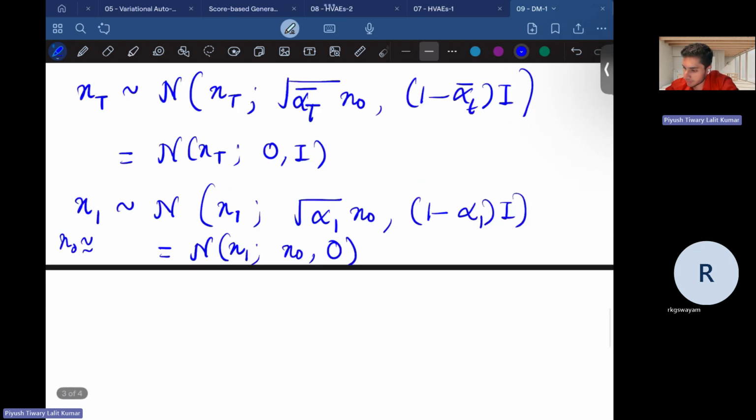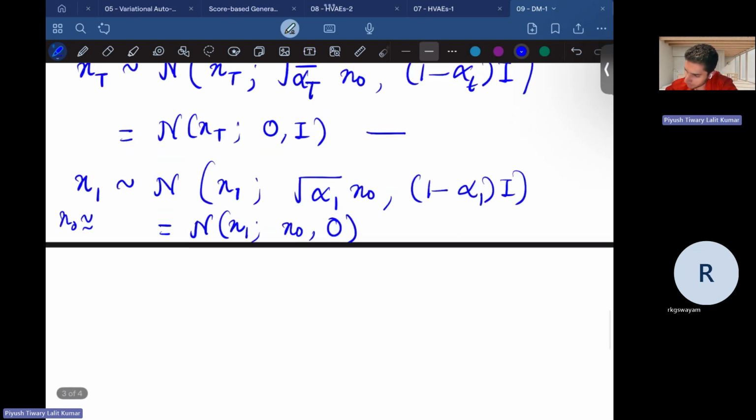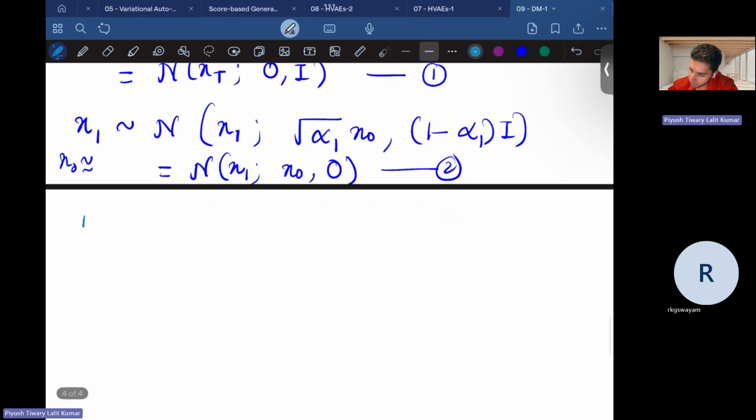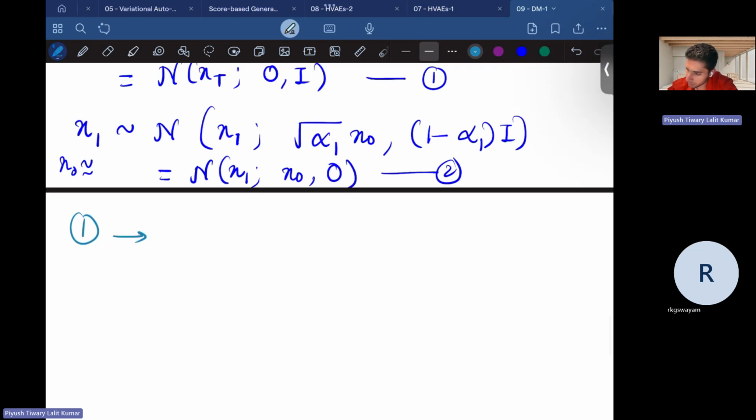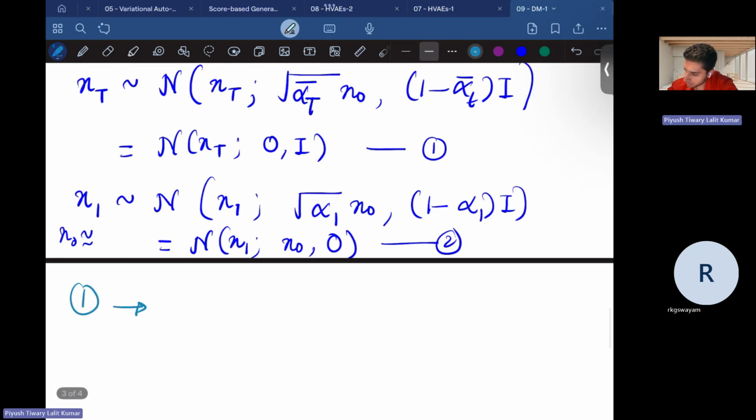So what does this tell us? Let's call this the first equation and this the second equation. From one, what do we know?